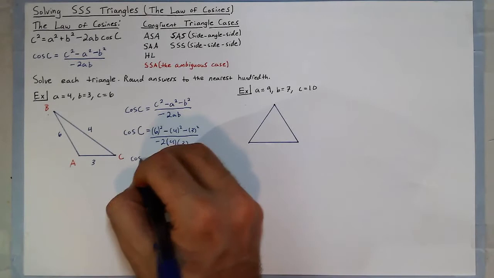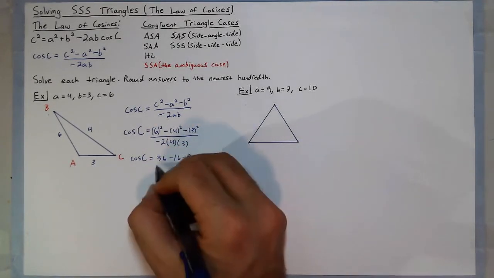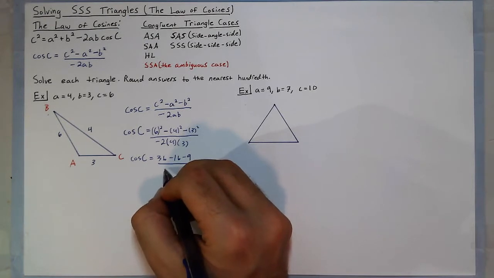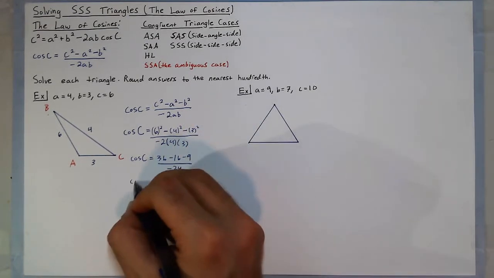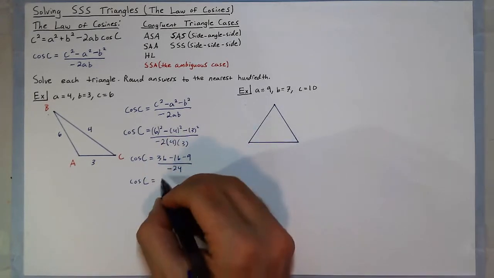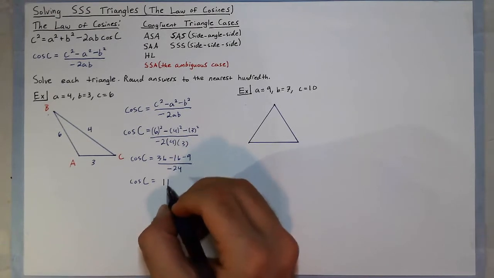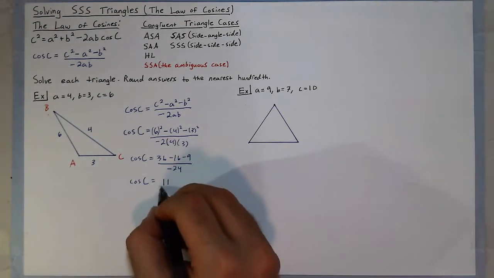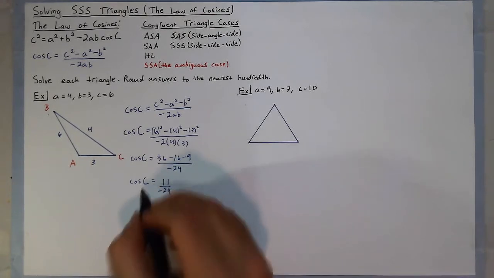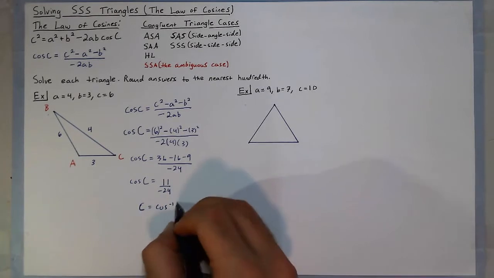So cosine of c would equal 36 minus 16 minus 9, all over negative 8 times 3, so negative 24. This is 25 subtracted from 36, so 11 over negative 24. And then c would equal the cosine inverse of that value.